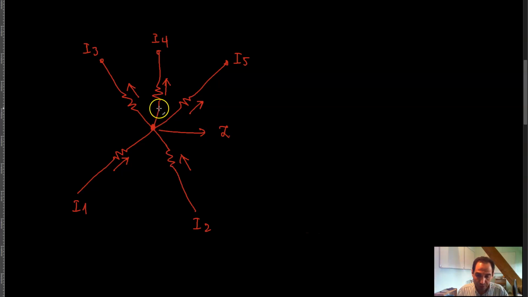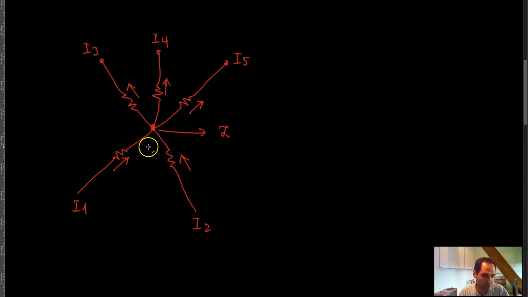Now you know that based on Kirchhoff's current law, the algebraic sum of all the currents coming into a node is supposed to be equal to the algebraic sum of all of the currents leaving that node, meaning that all of the currents coming in have to be accounted for, and they all have to leave that node.